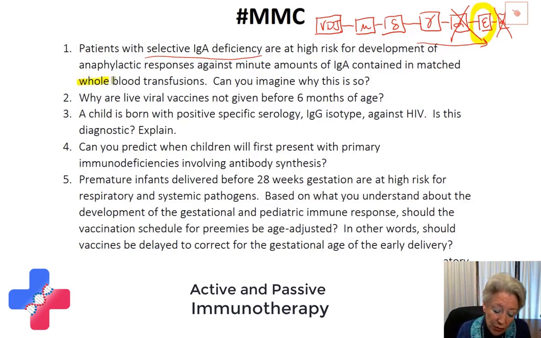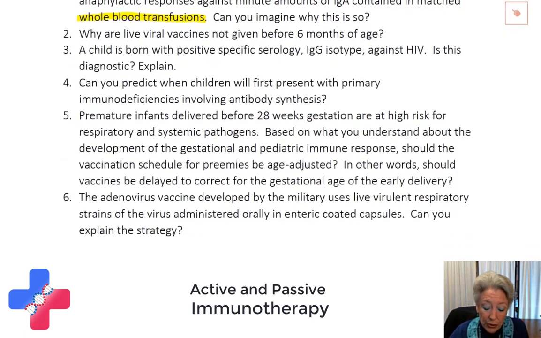I see this in transfusions sometimes, and I can get a fatal anaphylactic response from this. And indeed, what is being responded to in that scenario is the allotypes of the molecule that are being recognized as something that this patient has never seen before. Okay? Number 2.